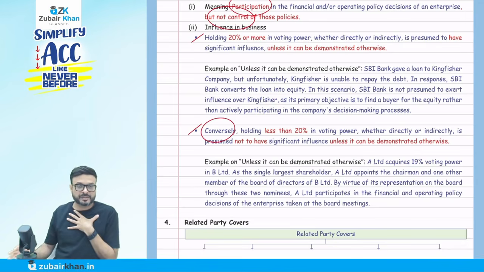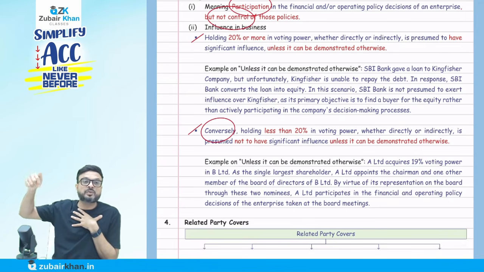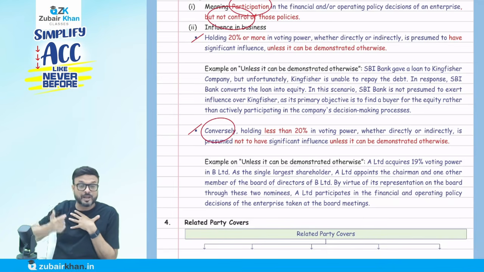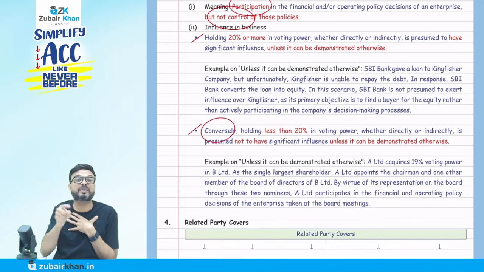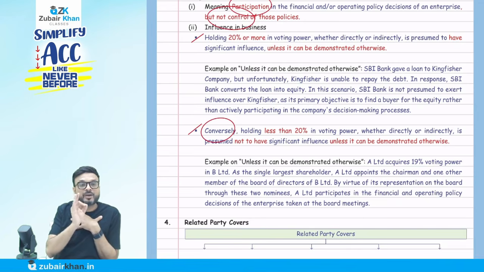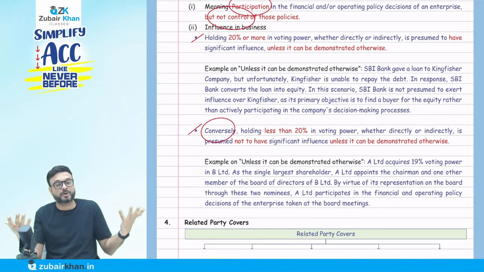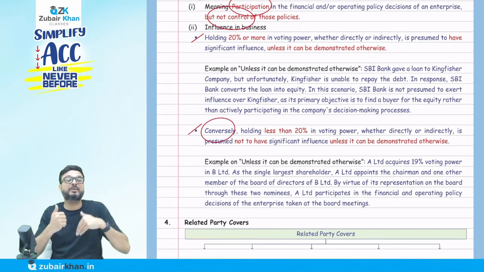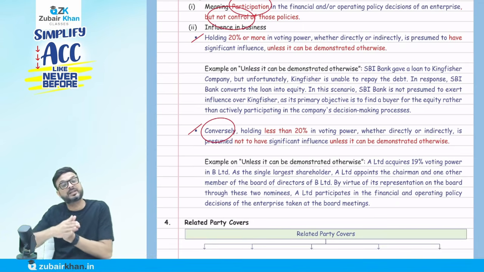We hold 18%, and there are other shareholders who individually carry 1-2%, altogether 82%. But we are the one who holds the maximum number of shares. So obviously I hold less than 20%, but I have influence on that company.